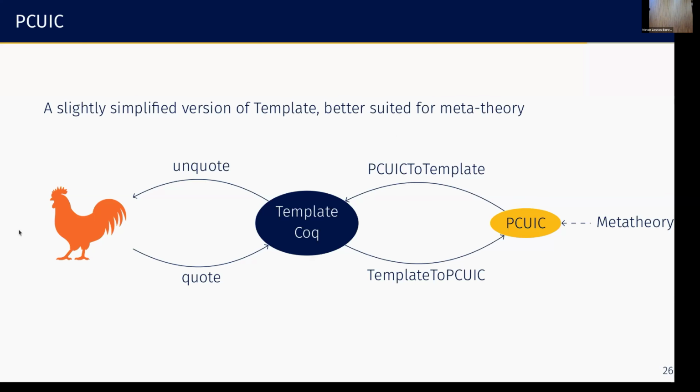So we have this PCUIC language, which is very similar to TemplateCoq, but slightly simplified, so that it's easier to work on. And then we have proofs that these two things are equivalent, so you can translate back and forth in a typing-preserving way. So this is really just a simplification for metatheory, but everything that we show here can be transported back here. And we have a lot of metatheoretical work on PCUIC.